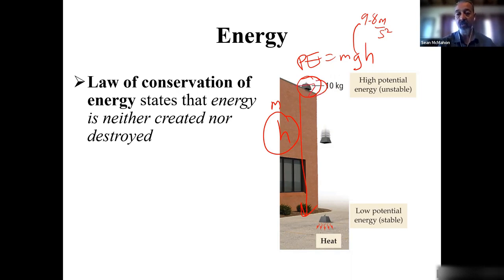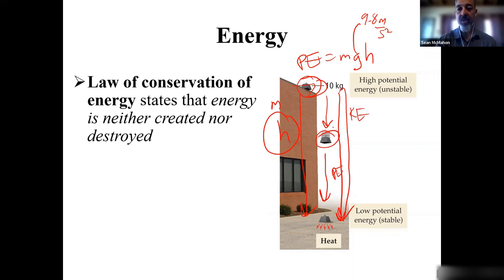If I push this over, and a lot of times for potential energy to be converted to kinetic it needs some type of catalyst, it'll start moving and drop down to the ground. So at this moment in time, I've converted this much potential energy into movement, kinetic energy, and there would still be this much potential energy. When I go all the way to the ground, all that potential energy based on this distance has been converted to kinetic energy.